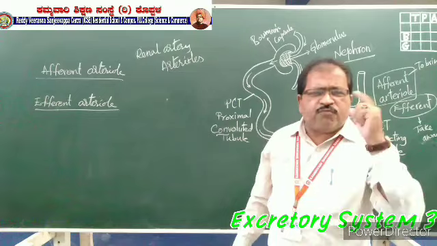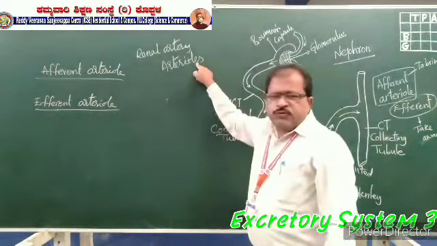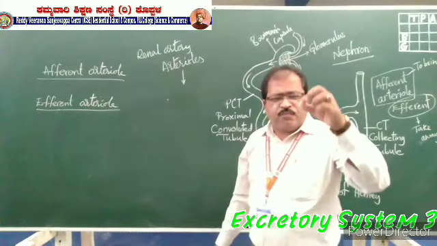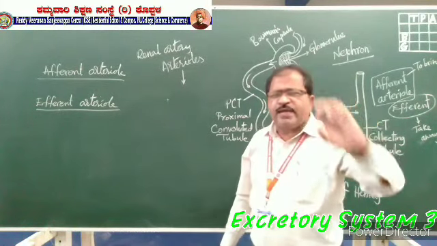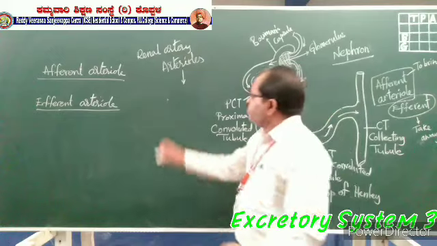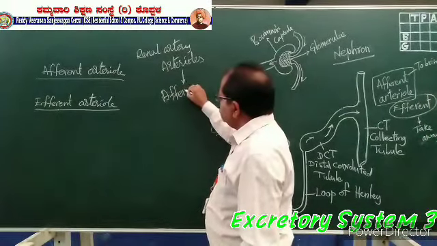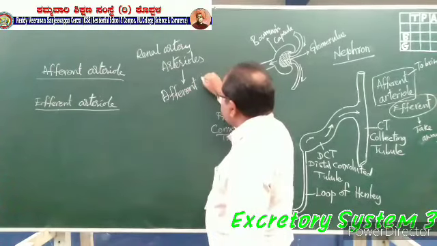These arterioles again become fine capillary-like structures called afferent arterioles.